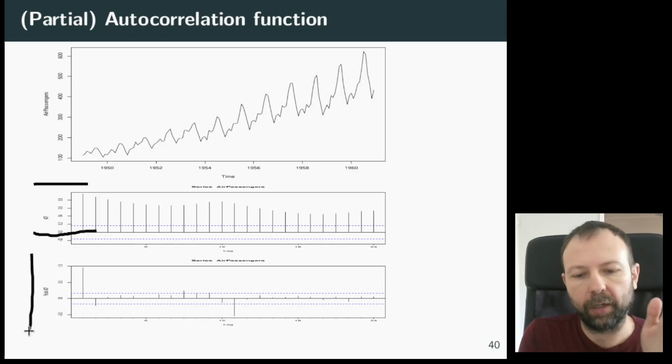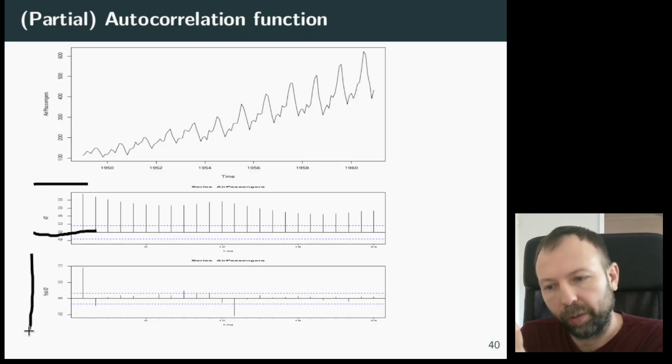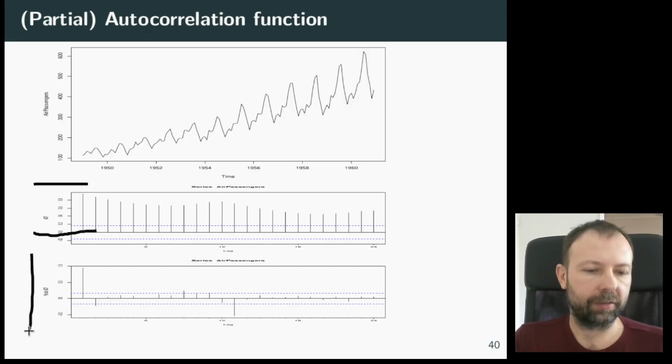If lag 1 has a lot of correlation, that means there's a lot of correlation between the current value and the one before, and a lot of correlation between the value one before and the one before that. So it kind of translates like this.